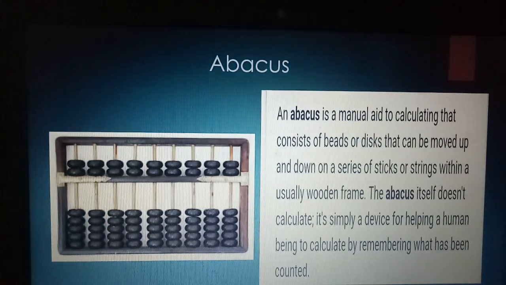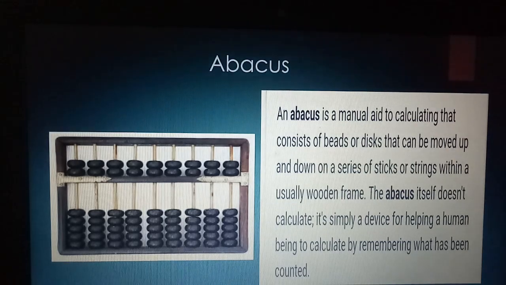So actually, what is an abacus? An abacus is a manual aid to calculate that consists of bits or discs that can be moved up or down on a series of sticks or strings within a usually wooden frame. The abacus itself does not calculate.